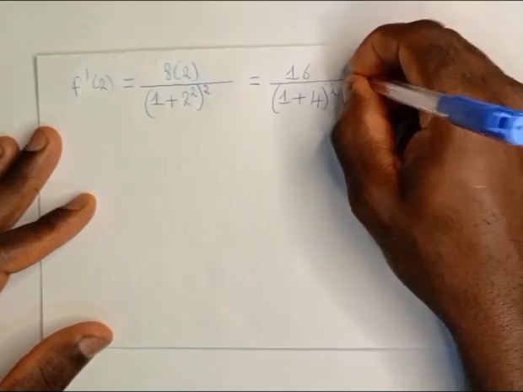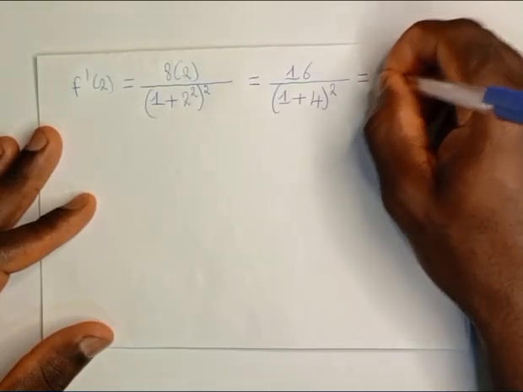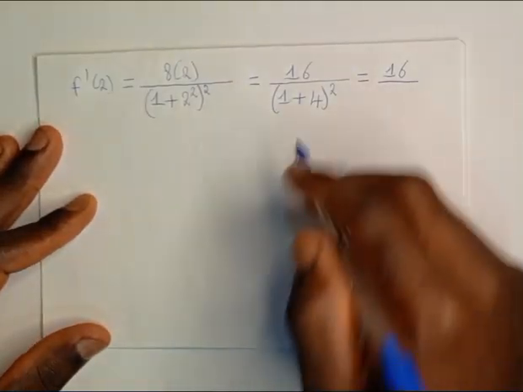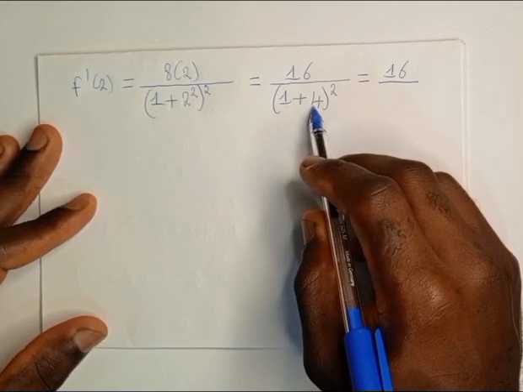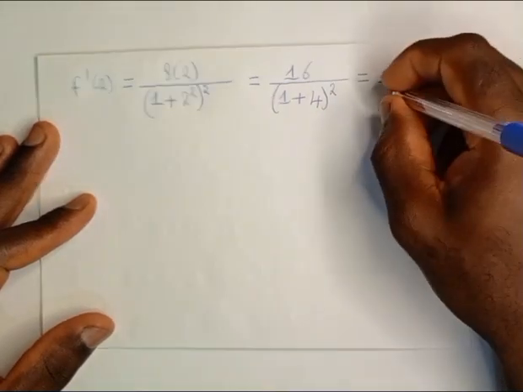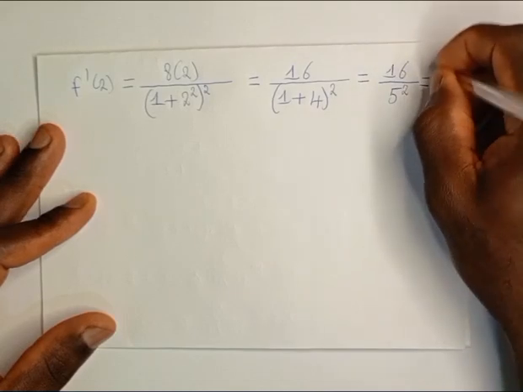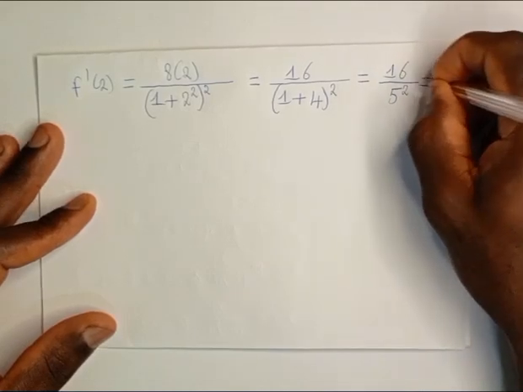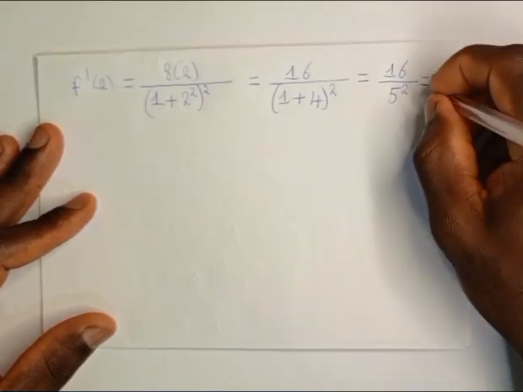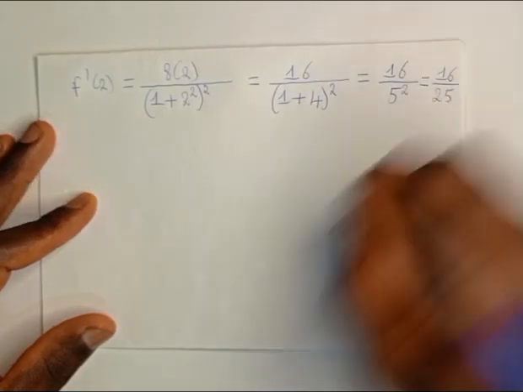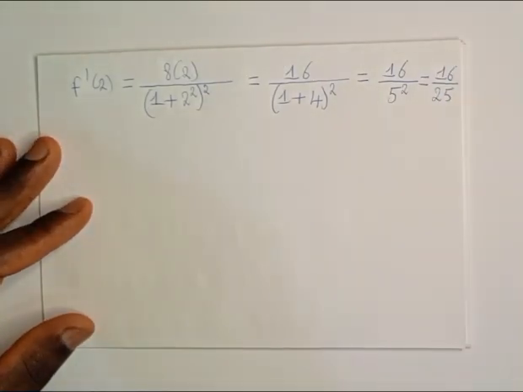And this will simply be equal to 16 all over 1 plus 4 gives us 5, over 5 squared, which is simply equal to 16 all over 5 squared. 5 times 5 gives us 25. f prime of 2 is simply 16 over 25.